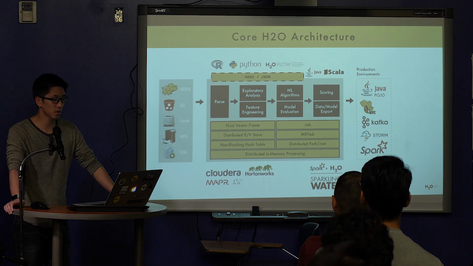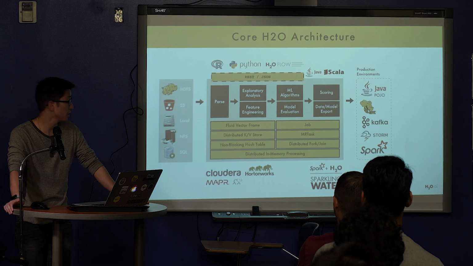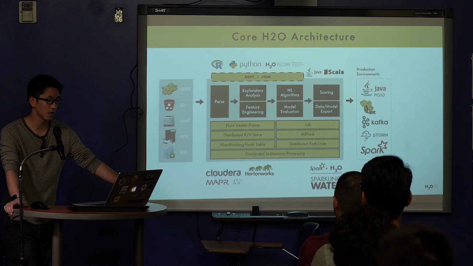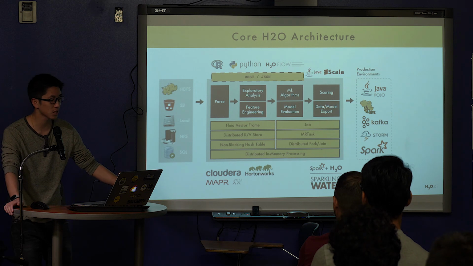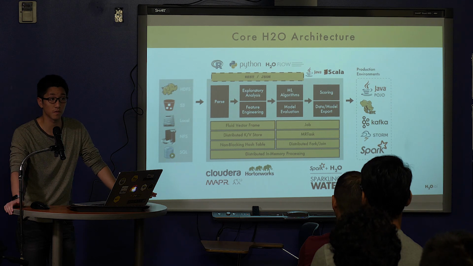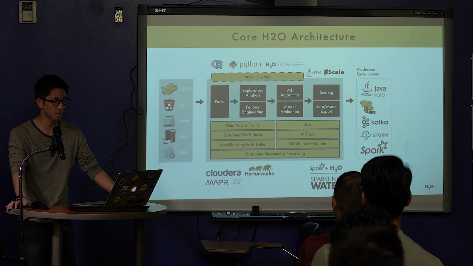We're going to start with the open source, which is basically the core H2O architecture. As you can see, you start on the left with all your data. So data from sources like HDFS or S3, or even just from your local disk or from a SQL database that you've queried. Once you bring the data in, you're going to bring it into memory.